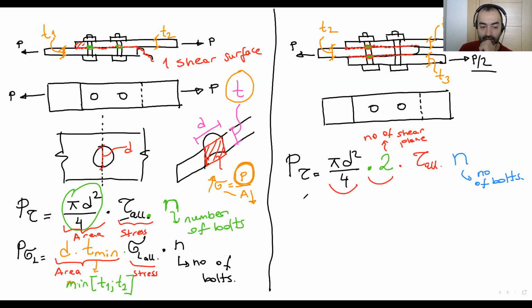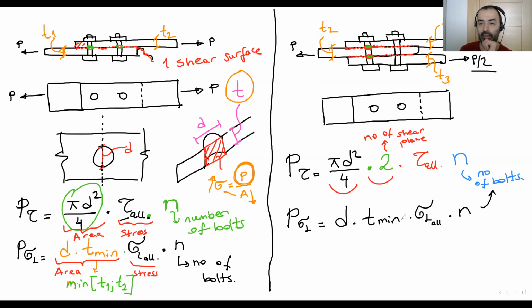Let's write the same equation for the second one. So D is D. The equation is completely the same. D times T min times sigma allowable times N. Again, this is the number of bolts. The equation is the same, but the question is here.